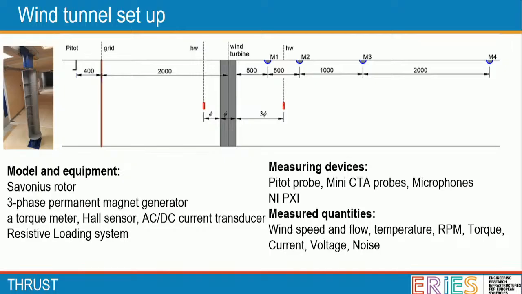Other measuring devices are a pitot tube at the inlet of the wind tunnel, one upstream hot wire with respect to the turbine, and one downstream hot wire. We have 4 microphones in the downstream position, positioned at different distances from the rotor. And then there is a grid that is used to create turbulence in the wind tunnel.